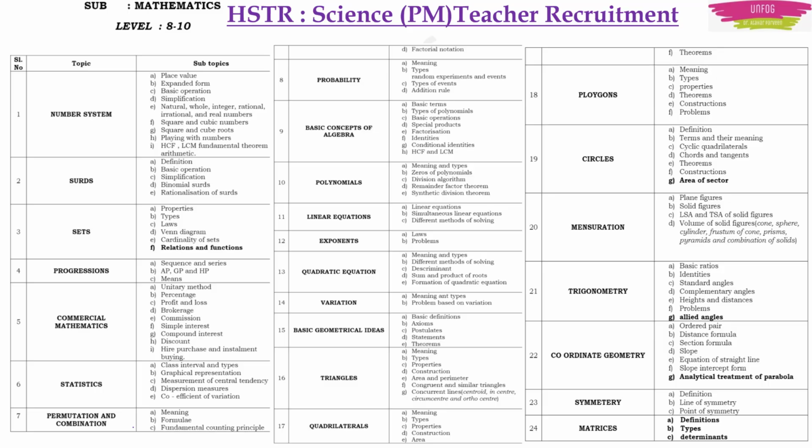Here you can see the syllabus includes number system, surds, sets, progressions, commercial mathematics, statistics, permutation and combinations, probability, basic concepts of algebra, polynomials, linear equations, exponents, quadratic equation, variation, basic geometrical ideas, triangles, quadrilaterals, polygons, circles, mensuration, then trigonometry, coordinate geometry, symmetry and matrices.